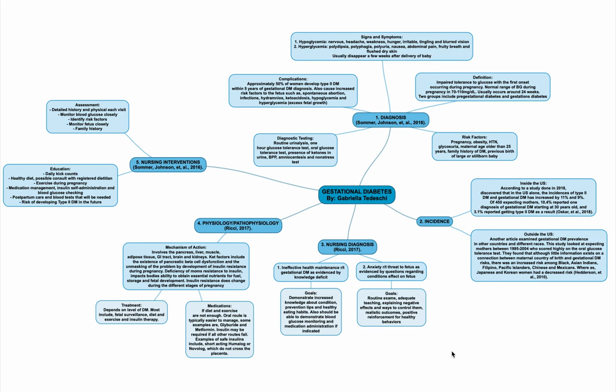Once the glucose level is obtained, then a 100-gram glucose load is given, and then we recheck the glucose levels for mom at 1 hour, 2 hours, and 3 hours following the 100 gram of glucose being given. And the results of that test, if still elevated, would give us a diagnosis of gestational diabetes at that time.